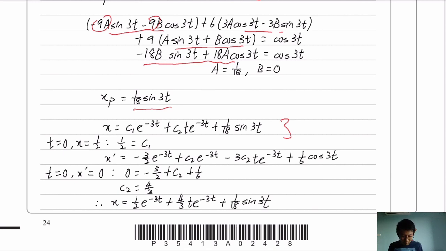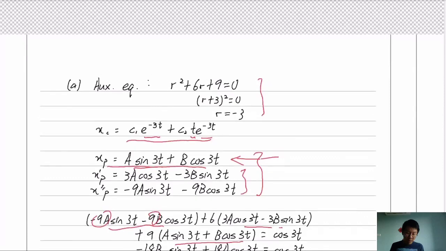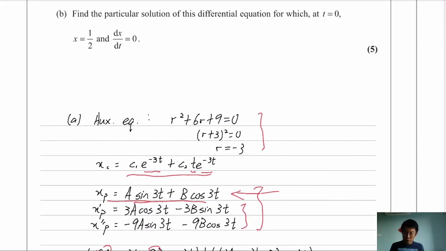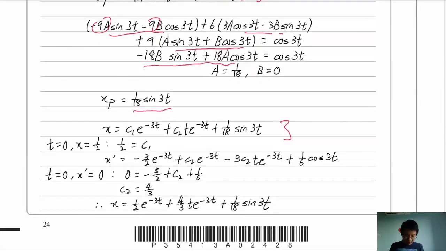Of course, after that we find the particular solution when we are given the values t equals 0, x is half, and x prime is 0. By using the first set of values, t equals 0, x equals half, it helps us in finding c1, which equals half in this case.